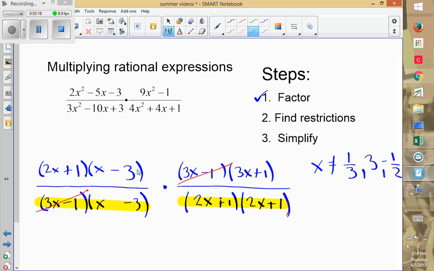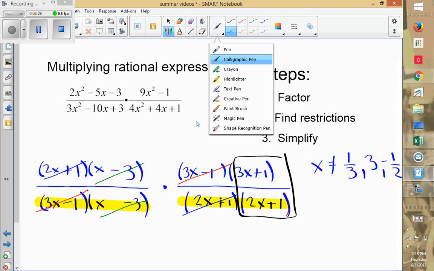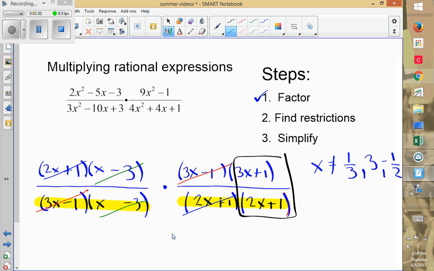I see an x minus 3. And I see a 2x plus 1. So the only thing that we have left over is our simplified answer: 3x plus 1 over 2x plus 1 with the restrictions that we found before.